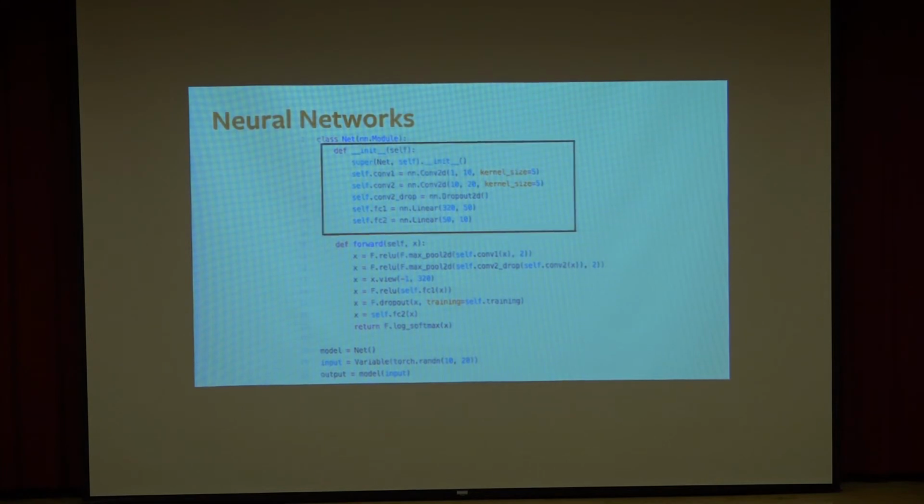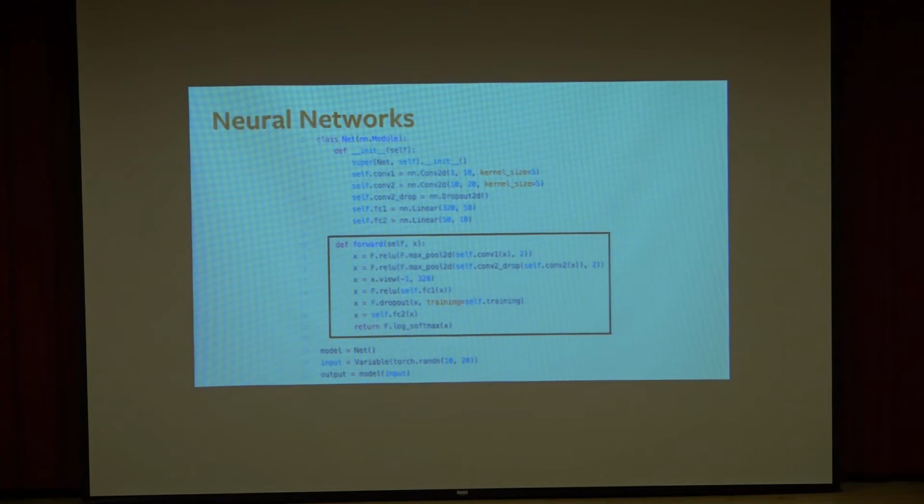It is subclassed from nn.Module, and it has a constructor where you can specify all of the layers that you want that have learnable weights and so on. And then you have one function that you specify, that is the forward function, that defines how your input goes to your output.